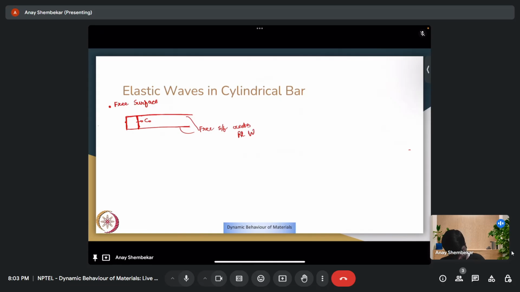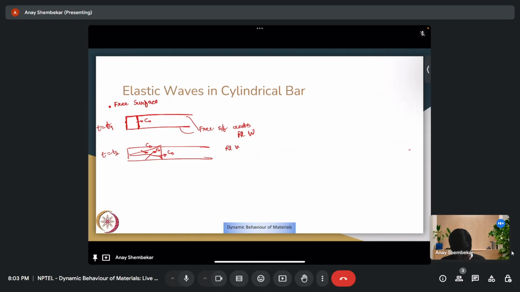Were I to plot this at t1, if I plot it at another time t equal to t2, we would see something like this. This also C naught, this also C naught, t equal to T2.